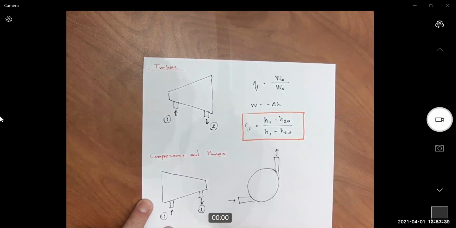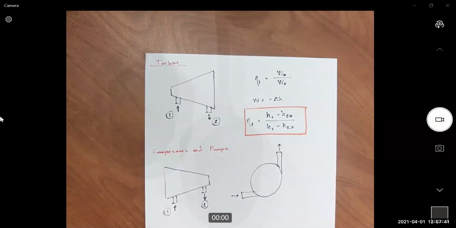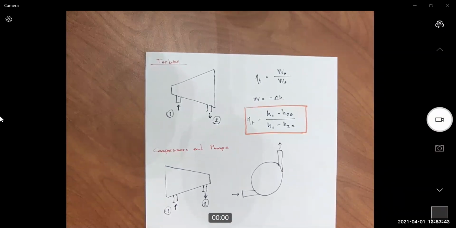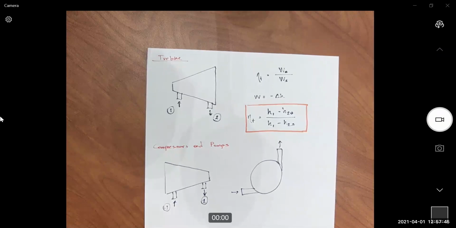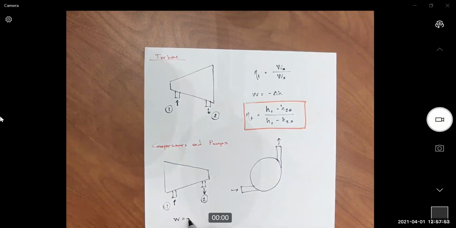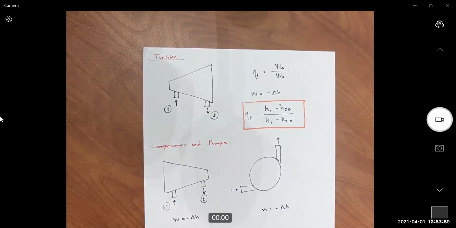Again, using one inlet, one outlet for an open system, insulated, with kinetic and potential energies negligible, what I have is work equals minus delta H. And for a pump also, work equals minus delta H.